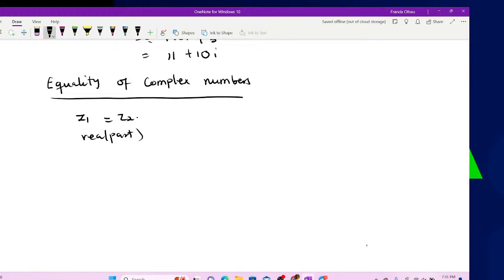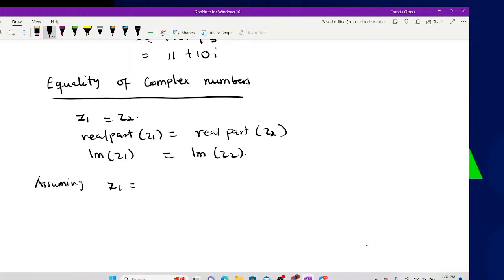So the real part of z1 should be equal to the real part of z2. Then the imaginary part of z1 should be equal to the imaginary part of z2.